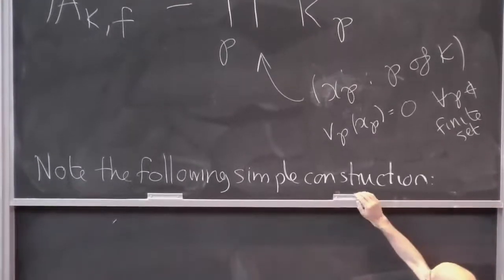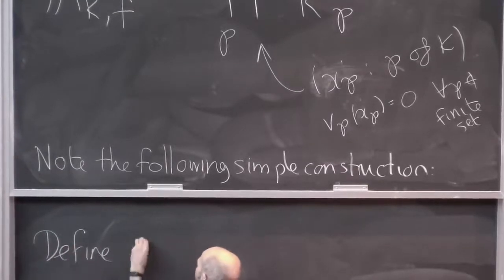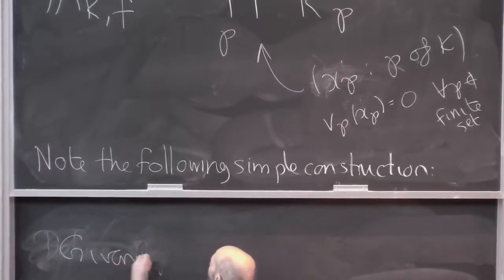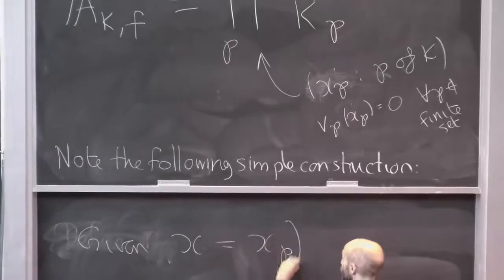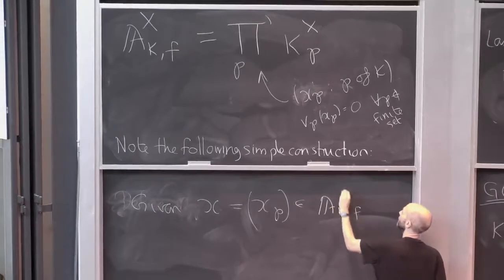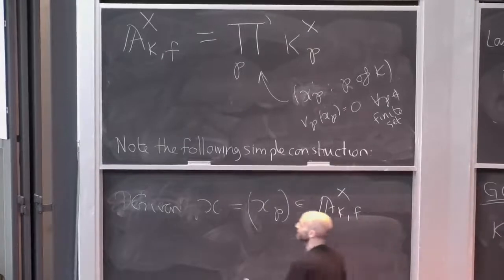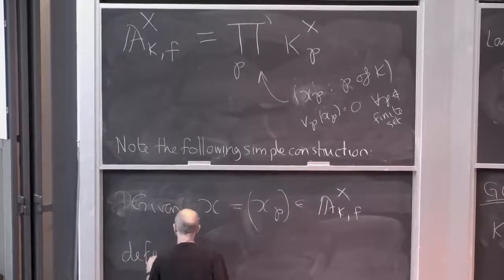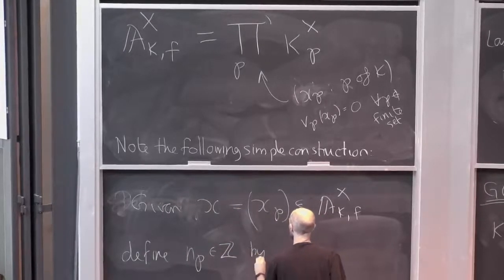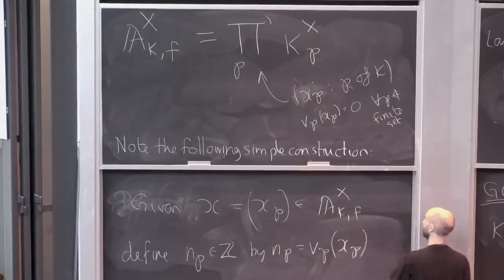So look, what I want to do is this. Given this x, which is this crazy amount of information in the finite adeles, given a finite idele x, let's define an integer n_p in Z for each prime p by n_p being the p-adic valuation of x_p.